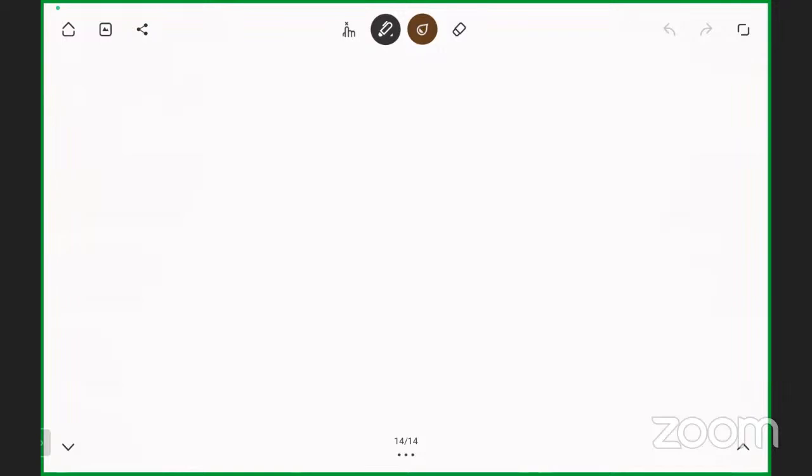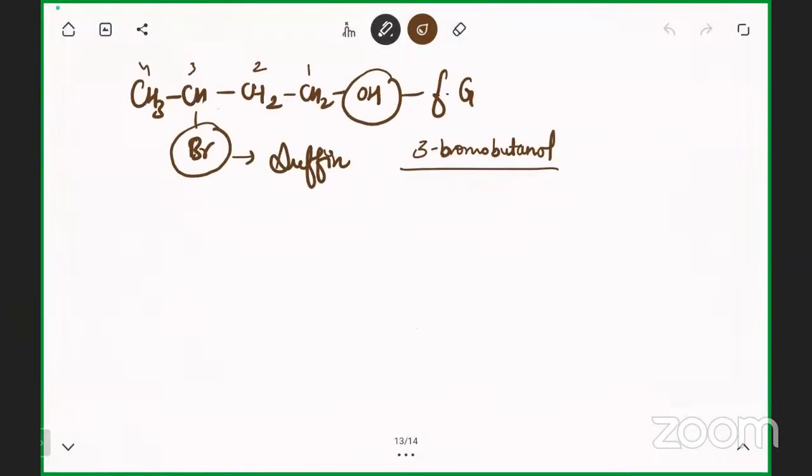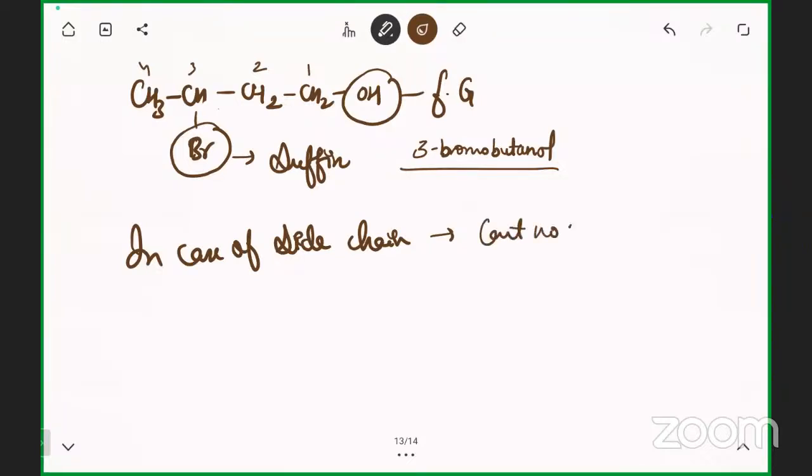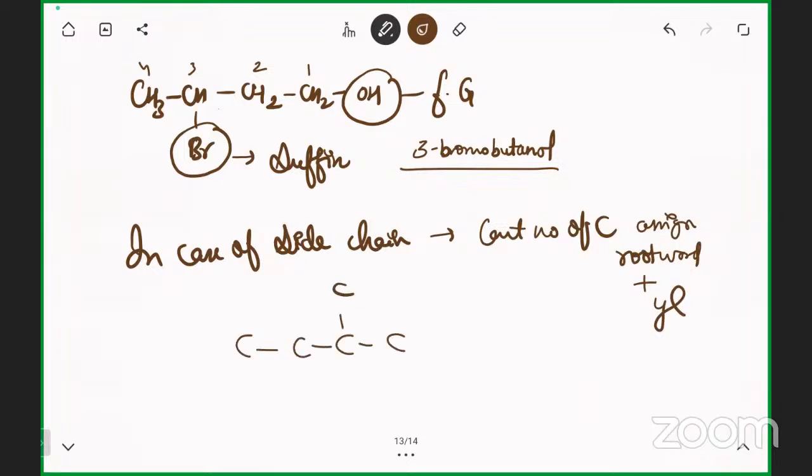Okay. In case of a side chain, what you have to do is count the number of carbon, assign a root word, and at last just add YL. For example, C, C, C, C, and here one side chain is present.